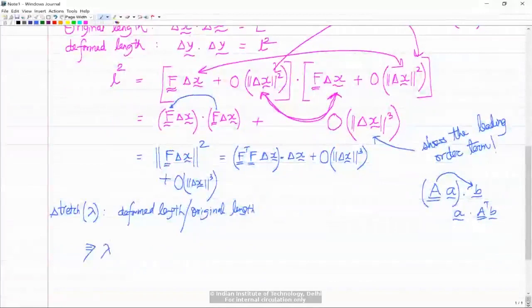Then can we say that lambda square is small l square over big L square, right?